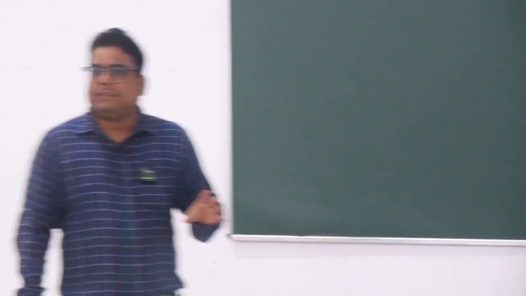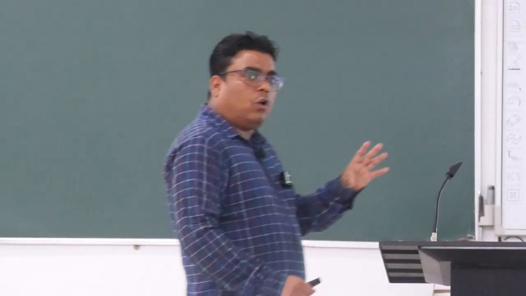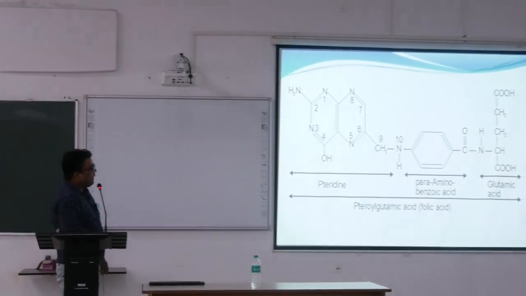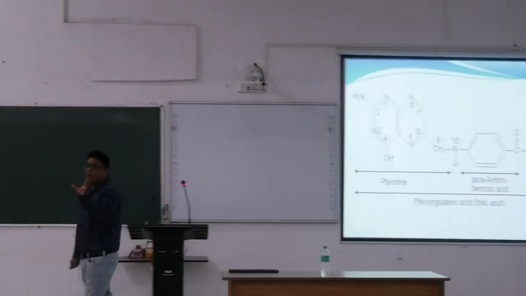Students, you have to at least remember the chemical names of all these B complex vitamins. What is B1? Thiamine. Which one is B6? Pyridoxal. At least know all the names of these vitamins, because generally the examiner asks directly for the chemical name. This is the general structure of folic acid, and the term is derived from folium, which means green leafy vegetables.